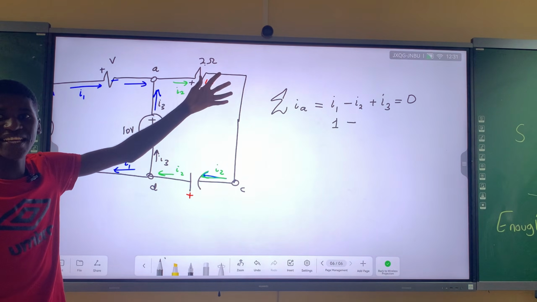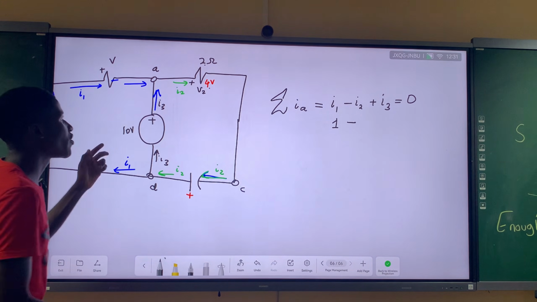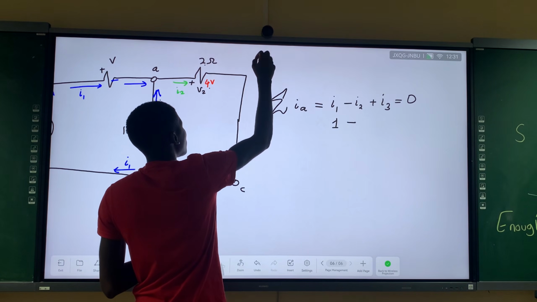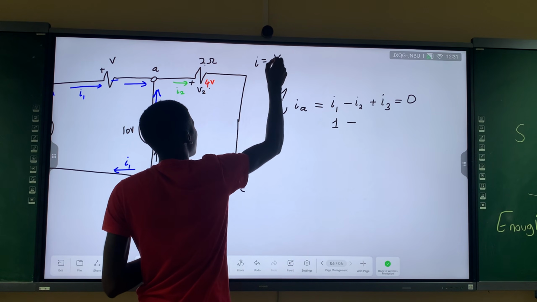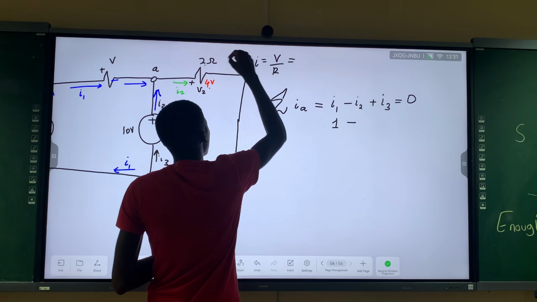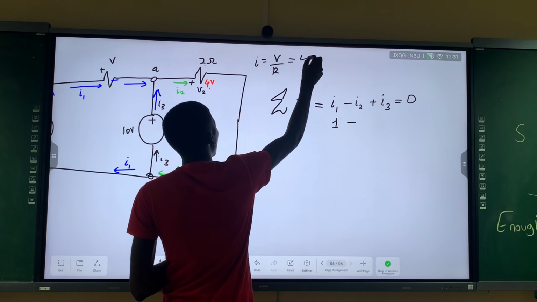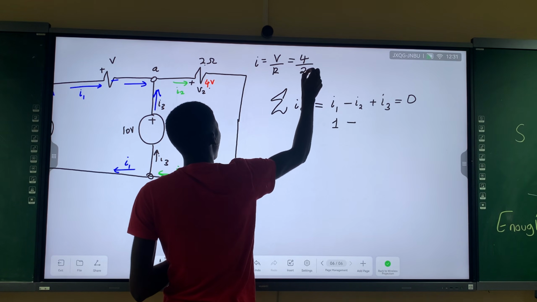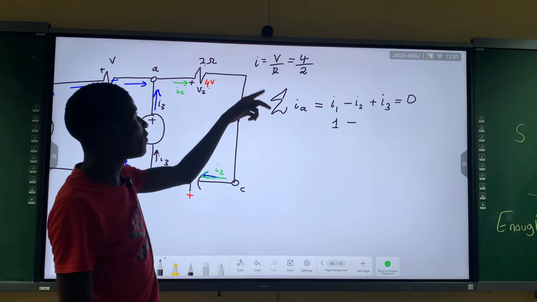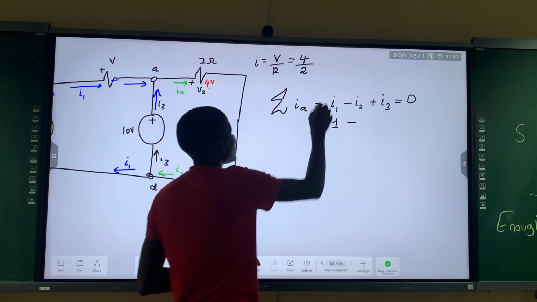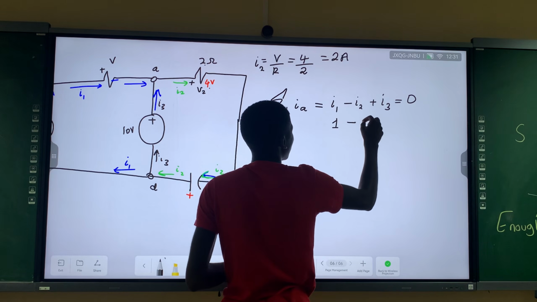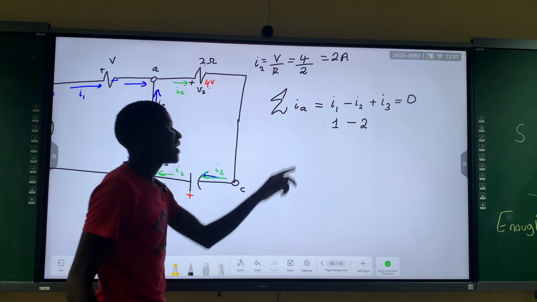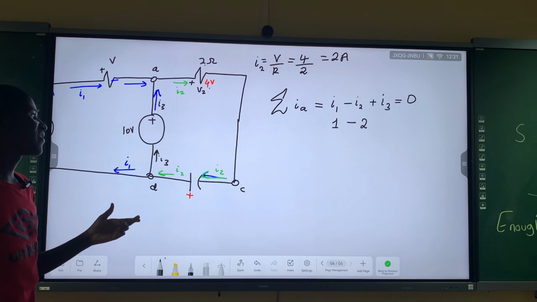So according to Ohm's law, the current is equal to the voltage over the resistance, where the voltage is 4 volts and the resistance is 2 ohms. So 4 over 2 will give us 2 amperes. So we know that our current I2 is 2 amperes. Now, what about I3? Do we have it?